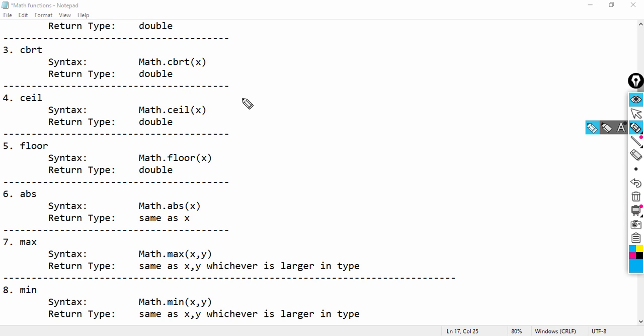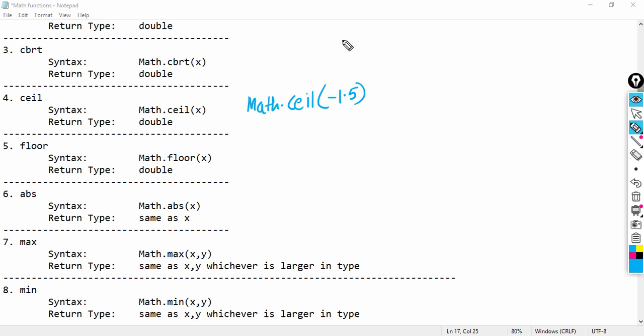If we are to find the ceil of a number, let's say minus 1.5, the first thing we need to do is see which two numbers the given number lies between.